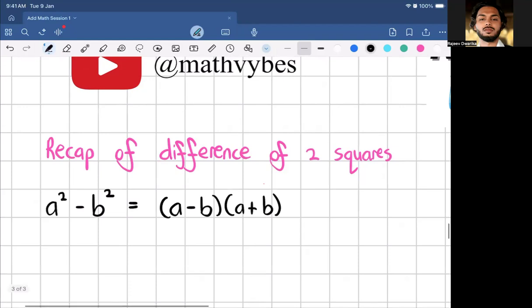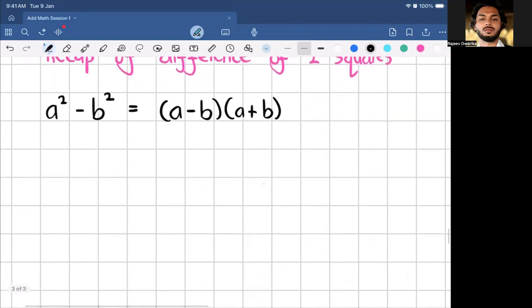Now, let me show you all something real quick. Can you hear me? You see how these are the exact same terms, but the only difference is the sign in the middle.